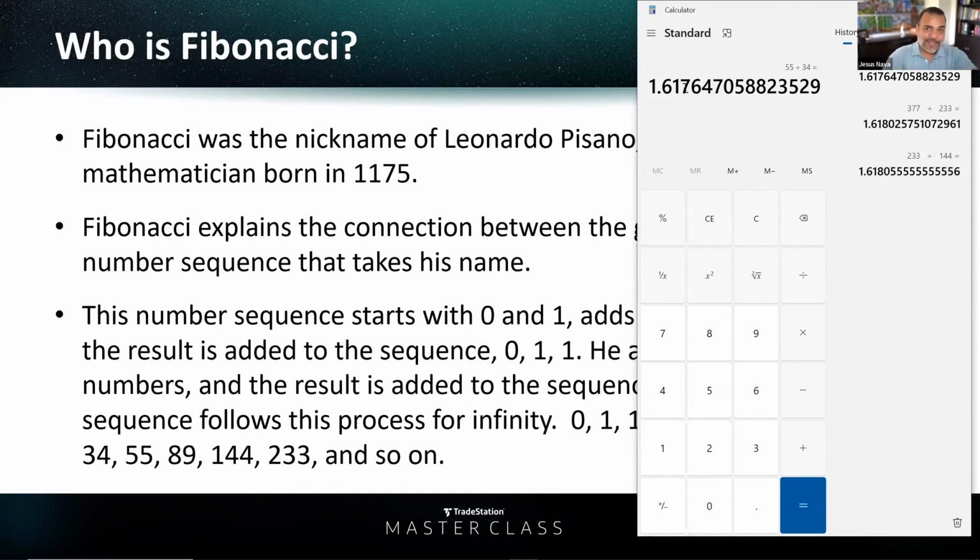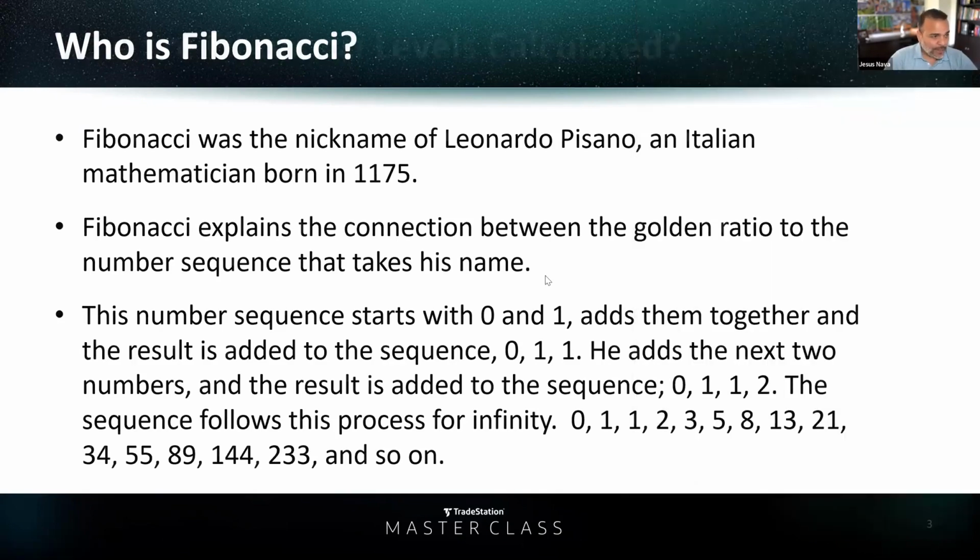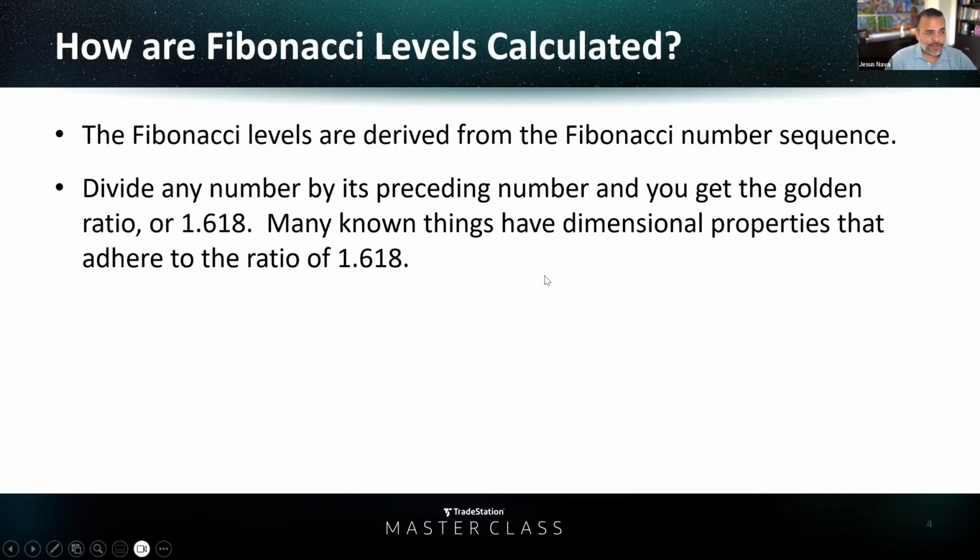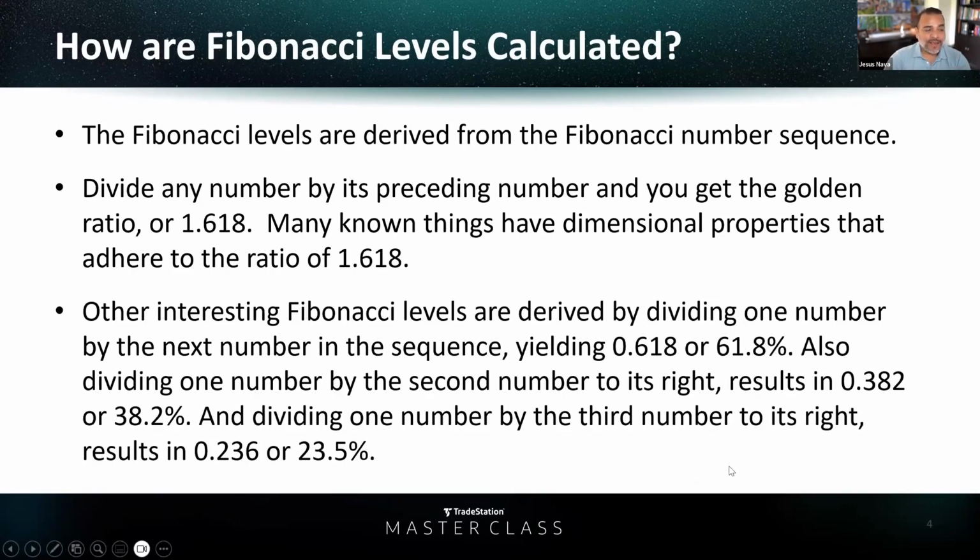You have to go deep into the sequence in order to get closer to the mathematical calculation of this golden ratio. But the other levels, we were talking about the other levels. So yes, the 1.618 is the mathematical number for the golden ratio, but the other levels are derived by dividing one number by the next number in the sequence.